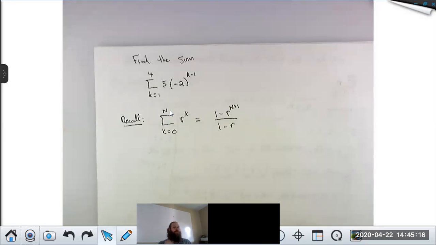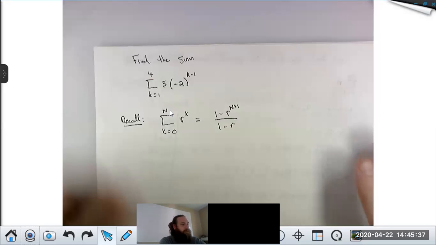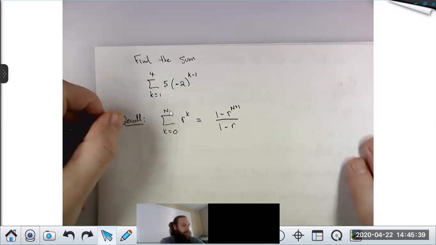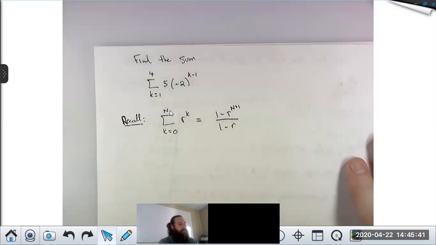All right, this was our formula for the partial sum of a geometric series starting at 0. Everybody remember this? This is the thing that we were able to pull out by multiplying both sides by 1 minus R and then simplifying and dividing the 1 minus R back over.